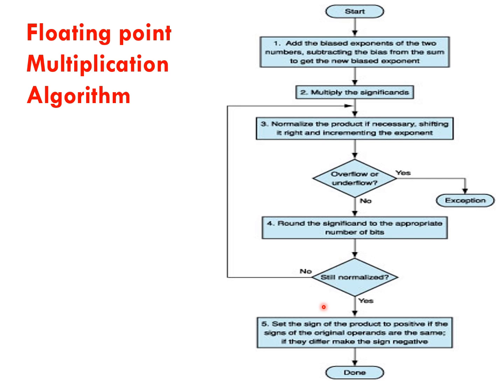After rounding it may not be normalized, then you are taking it back here again to normalize. And if it is normalized, then set the sign of the product to positive if the signs of the original numbers are the same, otherwise it is negative. Okay, so this is the flowchart.